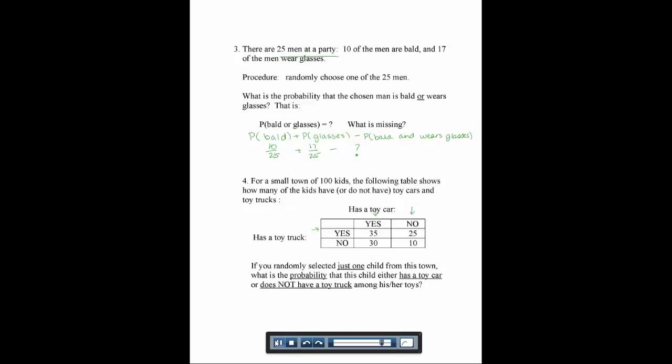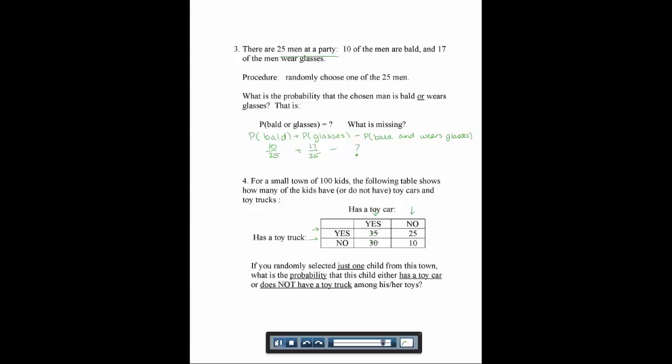And the answer is either yes or no. So this first number, the 35, means there are 35 kids who have a toy car and they have a toy truck. The 30 here means they have a toy car, but they do not have a toy truck. And so on. So the question says, if you randomly selected just one child from this town, what's the probability that this child either has a toy car or does not have a toy truck?